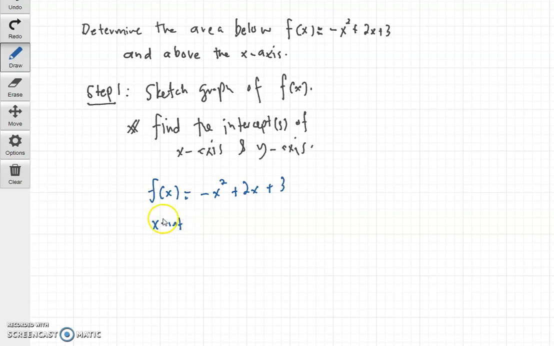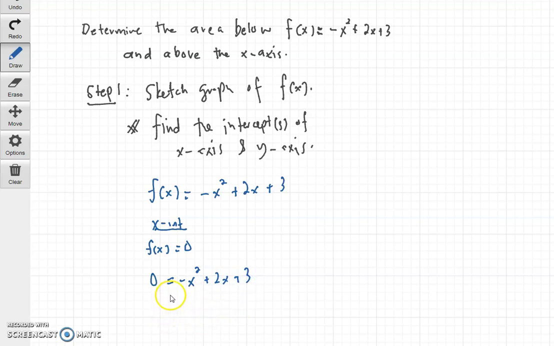In order for us to find the value of x-intercept, the value of your f(x) or the value of your y here must be equal to 0. So it will be 0 equals negative x squared plus 2x plus 3.